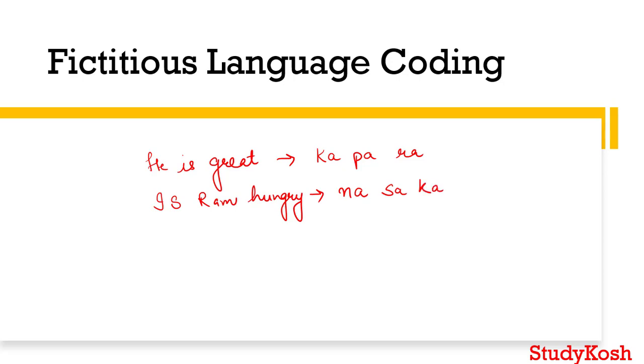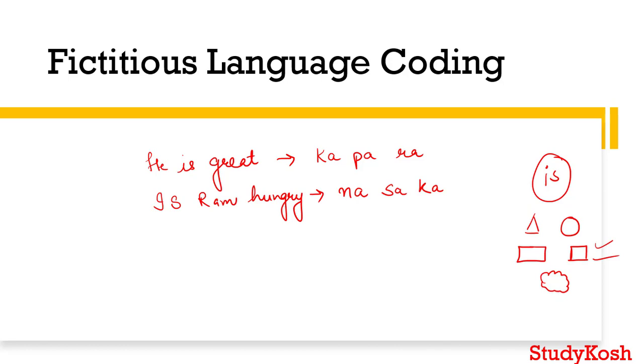Then find out the code of is. So you need to find out the code of is. In such type of questions, you have to use some shapes like triangles, circles, rectangle, square, any of the shapes which you are comfortable with.